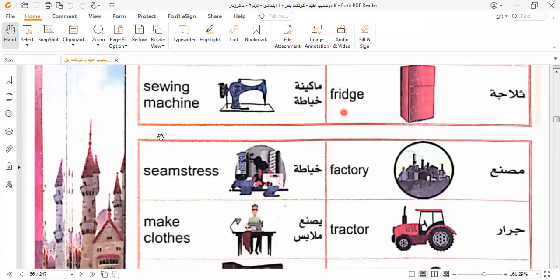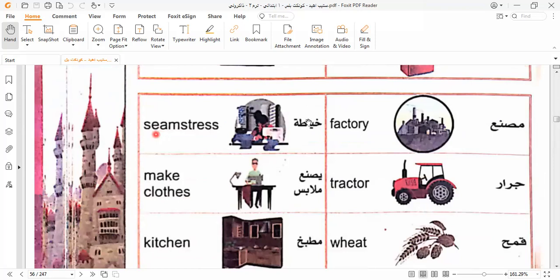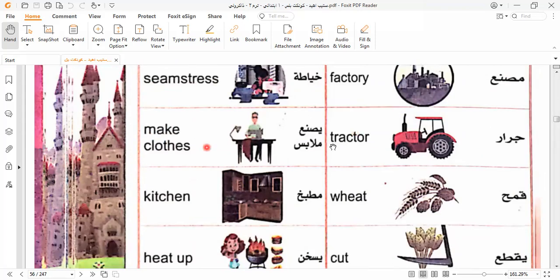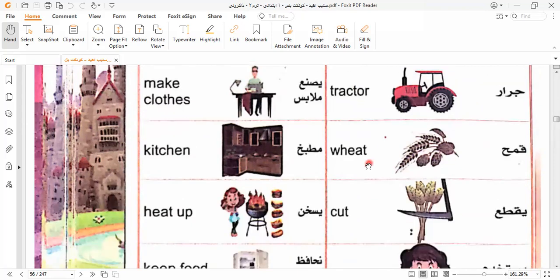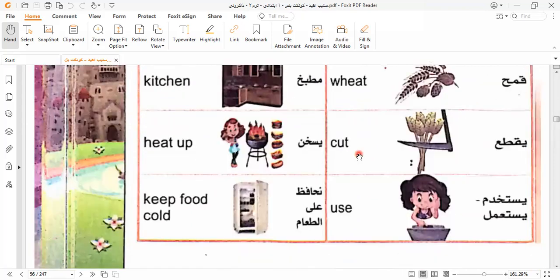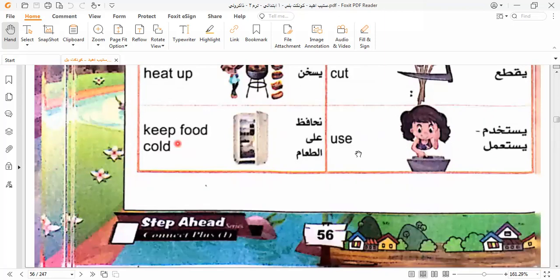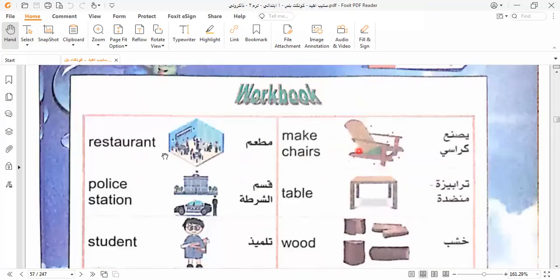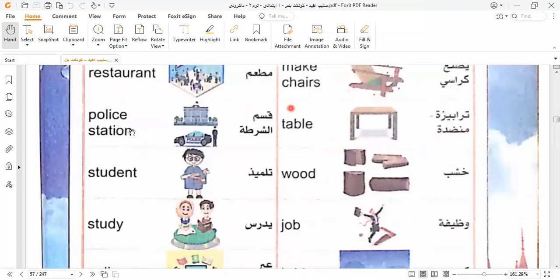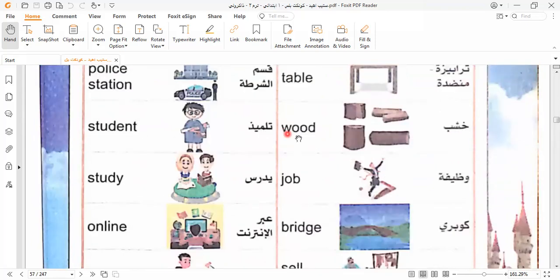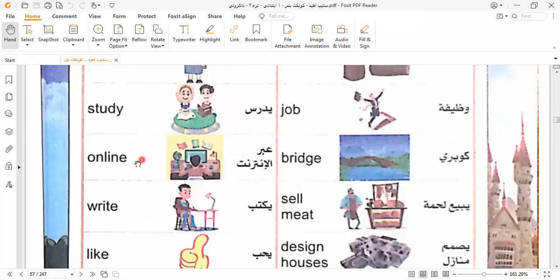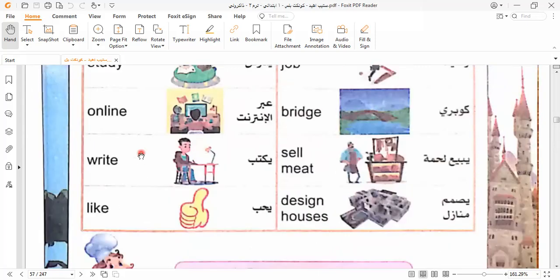Fridge. This is a seamstress, not semester. Seamstress. Factory, make clothes, tractor, kitchen, heat up, cut, keep food cold. We have restaurant, make chairs, police station, table, student, wood, study, job, online, bridge.